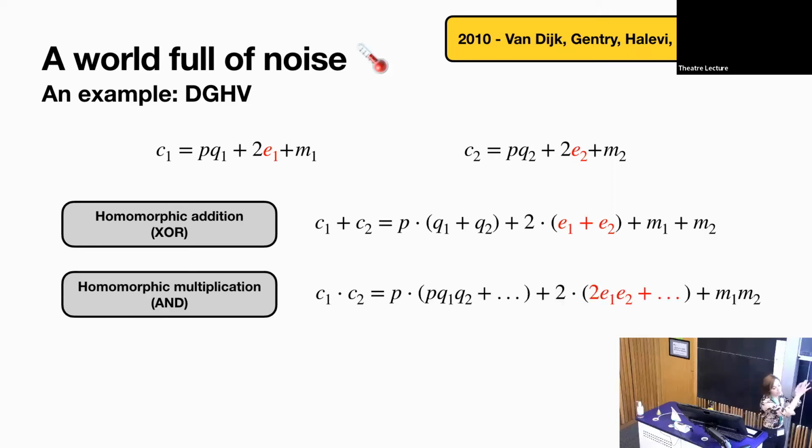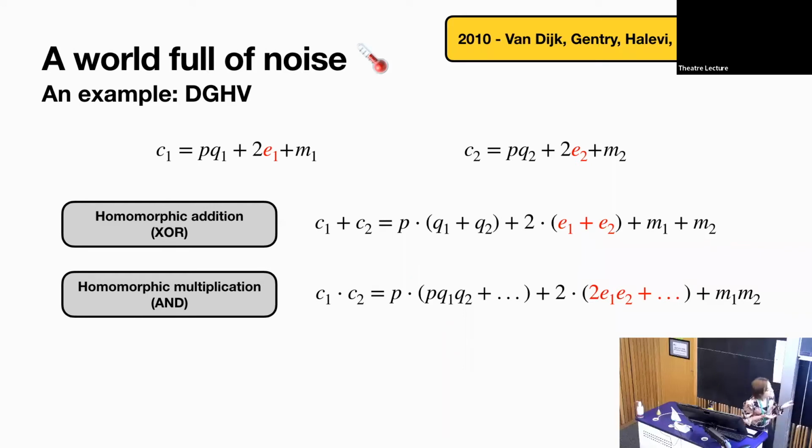If you work through the math, you observe that C1 plus C2 becomes an encryption of M1 plus M2 modulo 2, so it's an XOR operation. And C1 times C2 is an encryption of M1 times M2, which in practice is an AND gate.